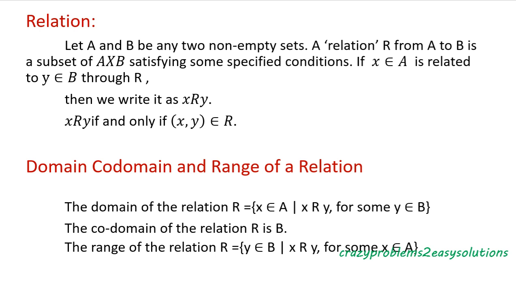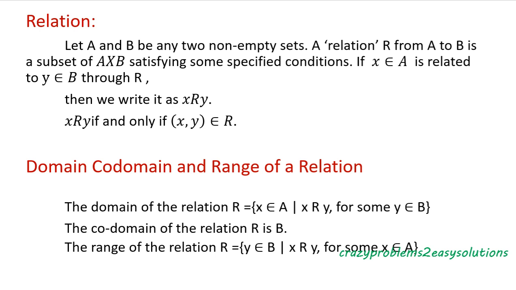So now we have taken two non-empty sets A and B. Then we have defined a relation R from A to B as a subset of A cross B. A cross B is a Cartesian product, satisfying some conditions.